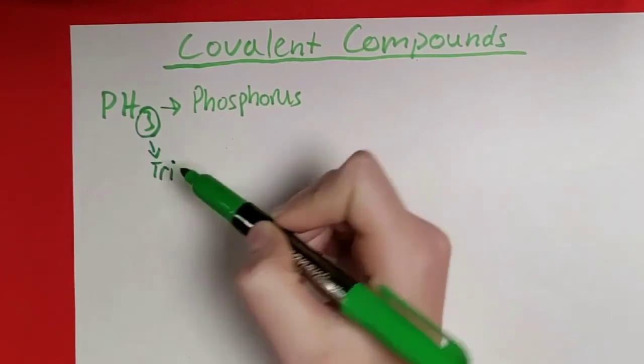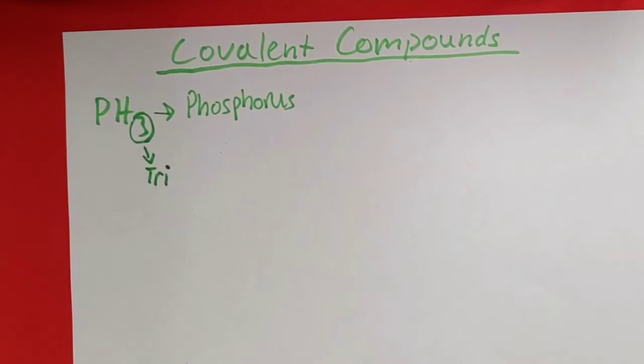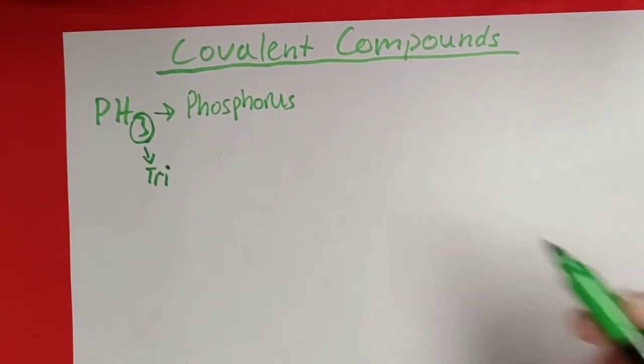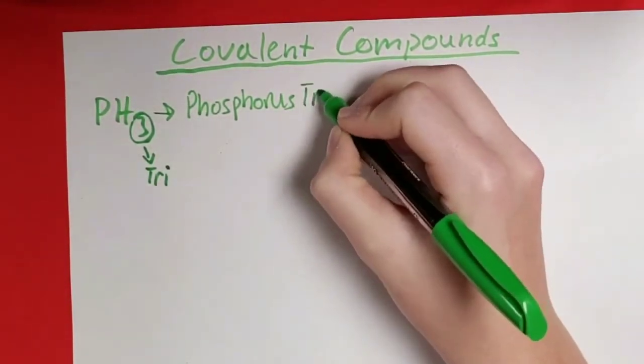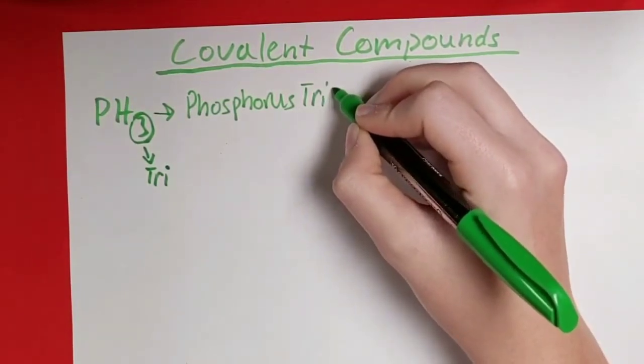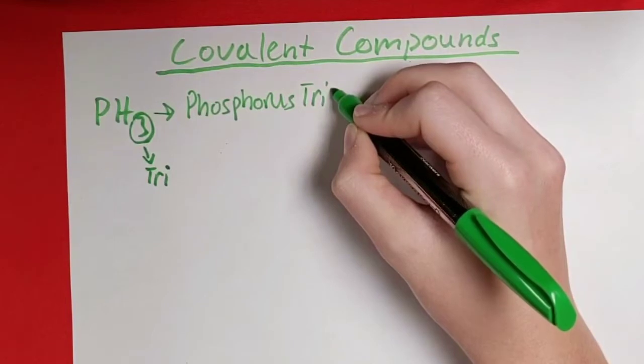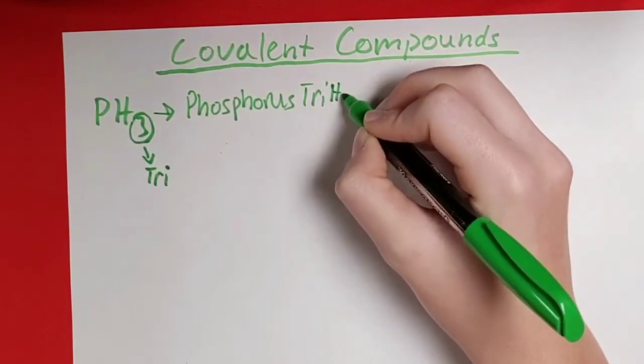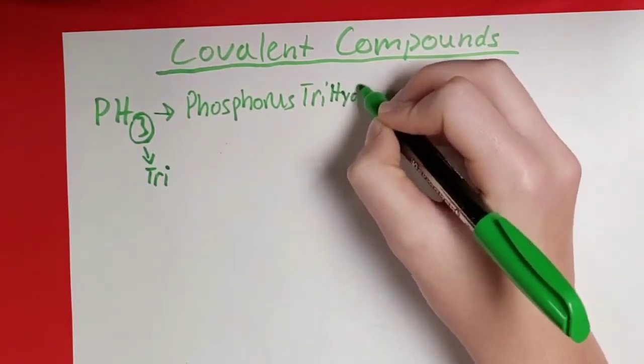If we look back to our prefixes, 3 is tri, so we will write trihydrogen. But before we finish that, don't forget we need to add an "ide" to the ending of the second nonmetal. This should look like phosphorus trihydride.